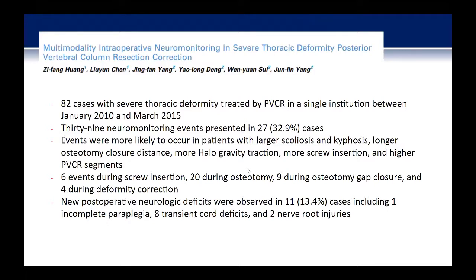These events, they noted, were more likely to occur with larger scoliosis and kyphosis, larger osteotomy closure distance, more halo-gravity traction, more screw insertion, and higher posterior vertebral column resection segments, so higher up in the spine. 6 events were during screw insertion, 20 during osteotomy, 9 during osteotomy gap closure, and 4 during deformity correction. New postoperative deficits occurred in 13.4%, and 1 was a complete paraplegia.